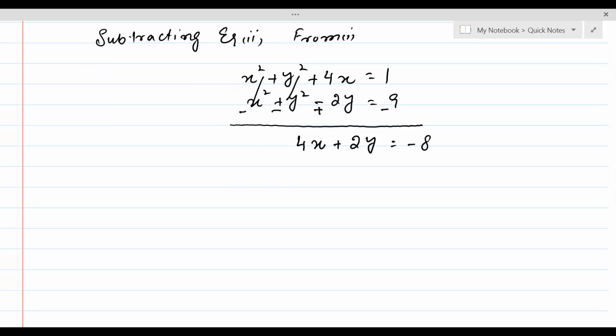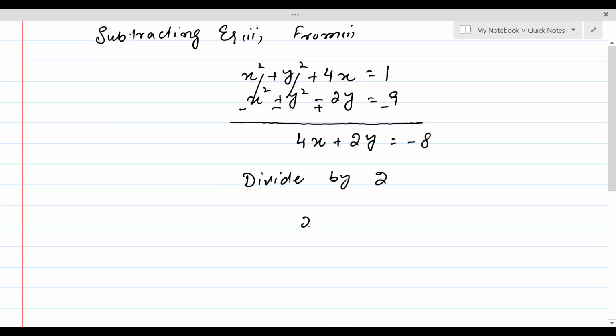And now we can divide throughout by 2, and this will give us 2x plus y equal to minus 4. This is called equation 3. Now equation 3 can be solved with any one of the quadratic equations.